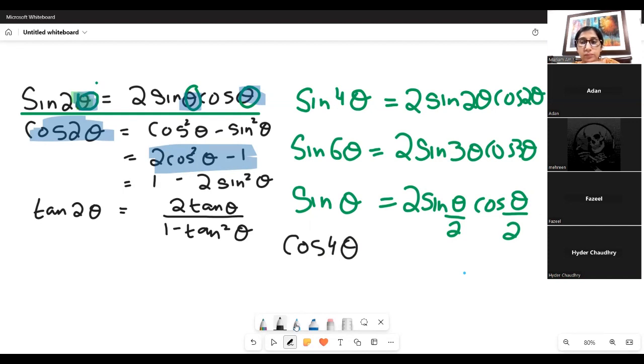Only the theta will change into 2 theta. So the 2 stays as it is, cos square also stays as it is, only the theta changes into 2 theta, minus 1.